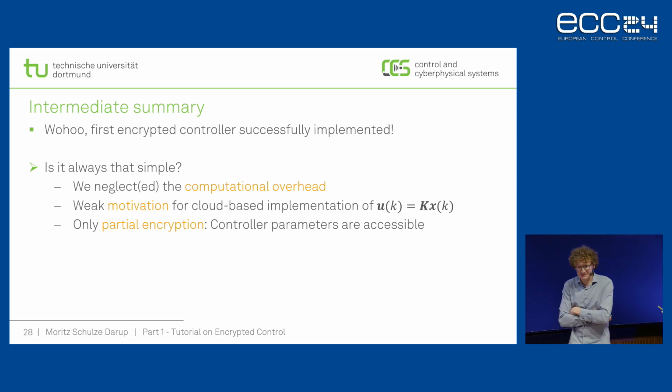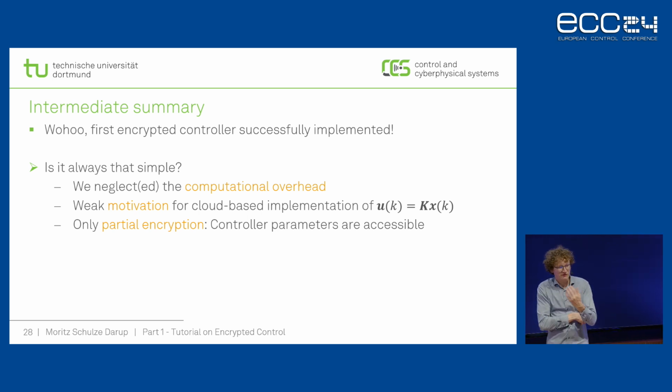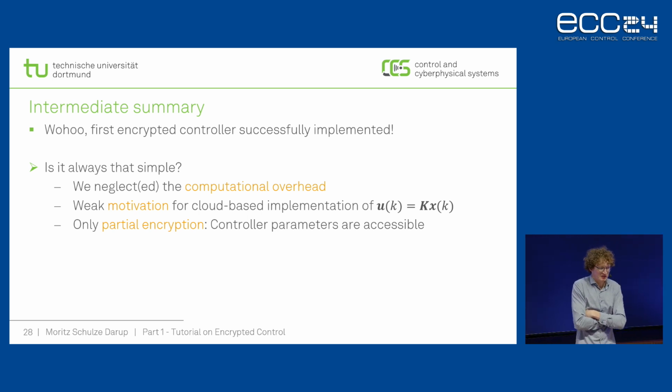Then, as I said initially, there is quite a weak motivation for putting u equals kx in the cloud if we are not talking about multi-agent systems. So we should look at more complex controllers where there's a benefit of implementing them in an encrypted fashion. We won't do so within this tutorial session, but there are many works on encrypted MPC and the like. So there are more complex controllers which can be realized in an encrypted fashion.